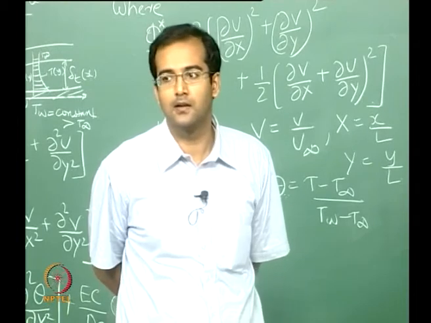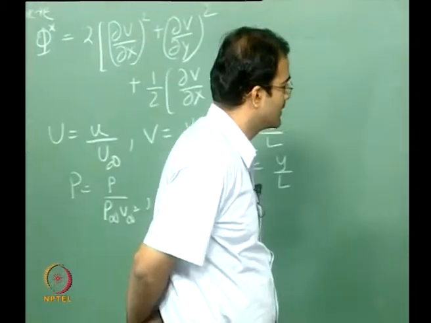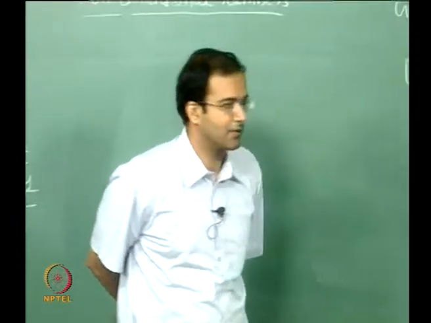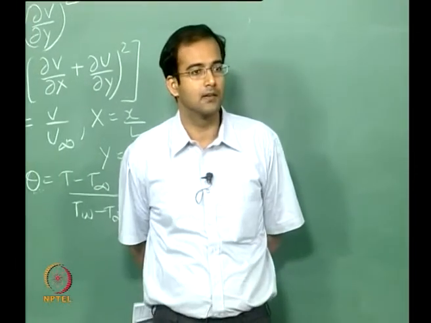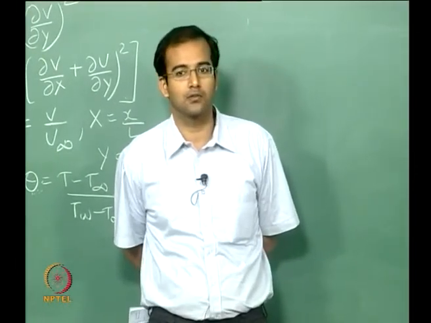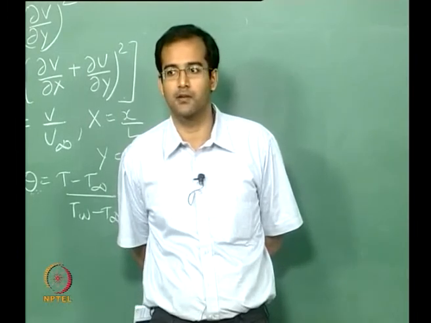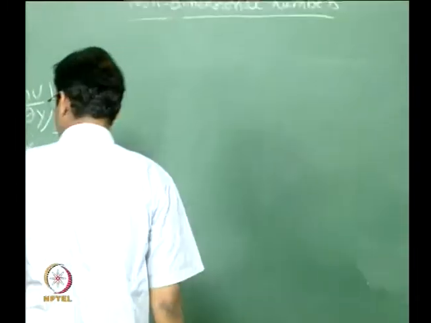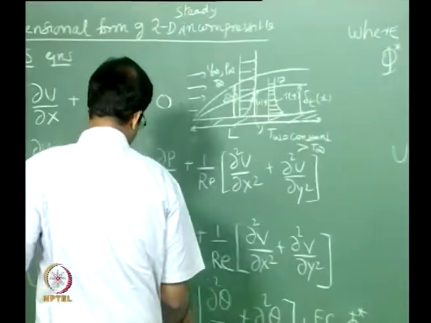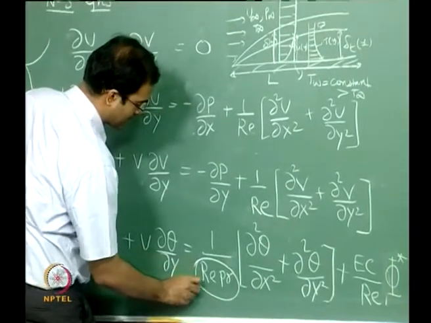Okay, so the Stanton number. Again, it is an extension of the way that you are defining the Nusselt number. It's simply the ratio of Nusselt number to the Peclet number. Sometimes the Reynolds number times Prandtl number is also referred to as the Peclet number.